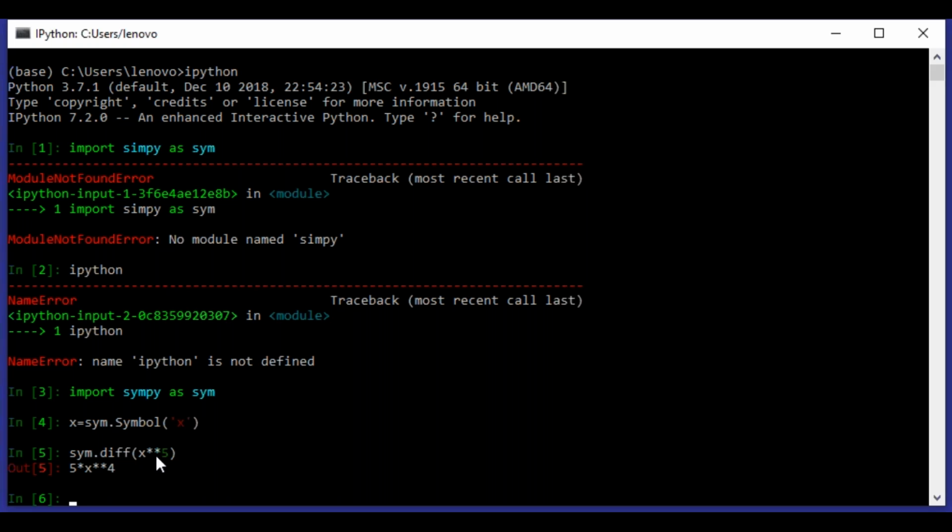Next we can consider another function that is a product of two functions, that is f of x into g of x.